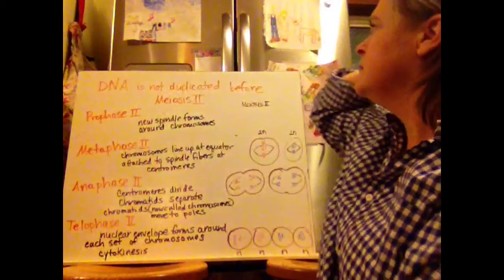And now each individual chromatid is called a chromosome, and they're moving to the poles. At the end of telophase 2, you have a nuclear envelope forming around each set of chromosomes, and cytokinesis happens, and you have 4 daughter cells, each with a haploid condition, half the number of chromosomes needed for an organism.